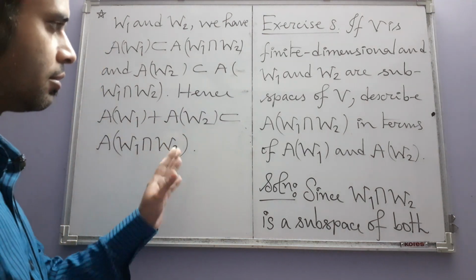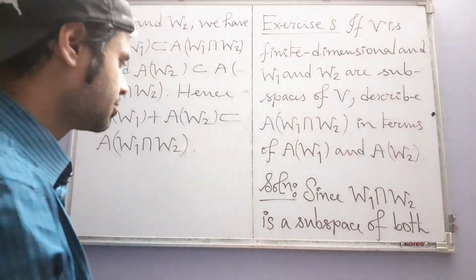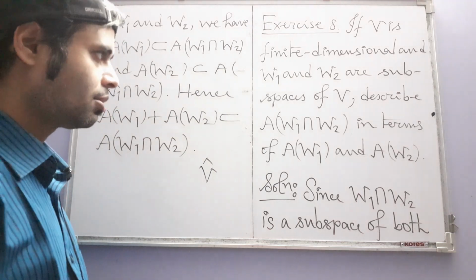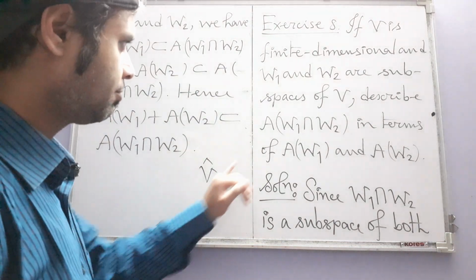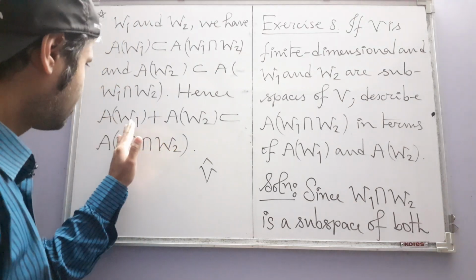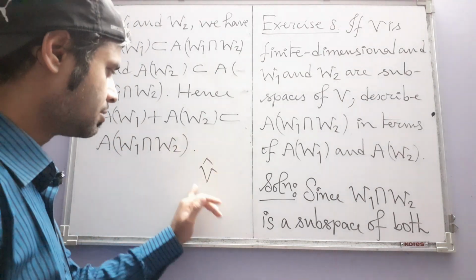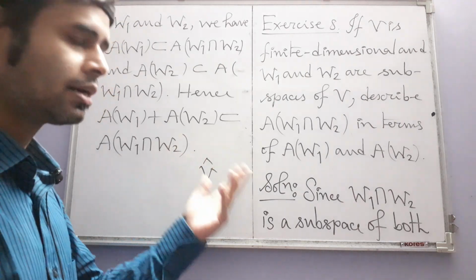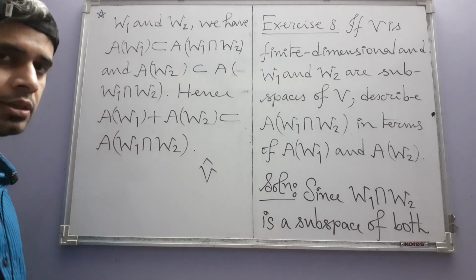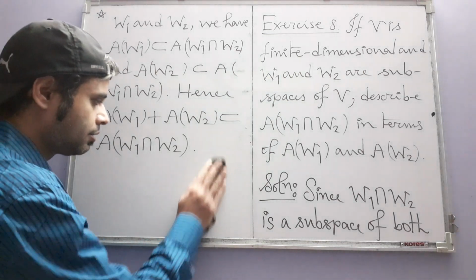Or you can argue like this also, because V is finite dimensional, the dual space of V is also finite dimensional, and in fact they have the same dimension. Since A of W1, A of W2 are subspaces of this dual space, they are finite dimensional. Similarly, this one is also finite dimensional. Okay, so let us now start calculating the dimension.